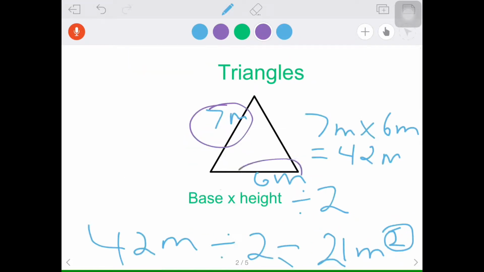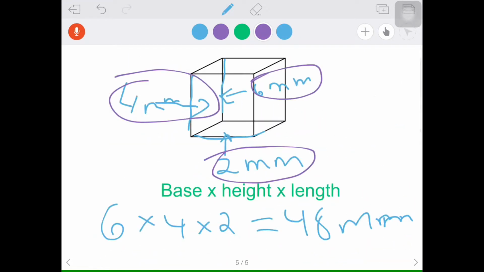That's why they were square. But in volume, you need to do it by 3 because you want to multiply 3 numbers. And the 3 is cubic. So our answer is 48 millimeters cubic.